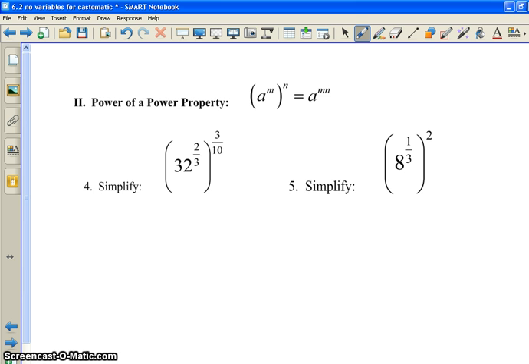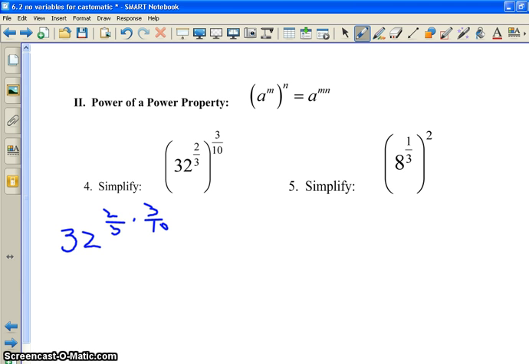Now we're going to take 32 to the 2/3 power, all raised up to the 3/10, and a power to a power, we multiply the exponents. So 32 to the 2/3 times 3/10.